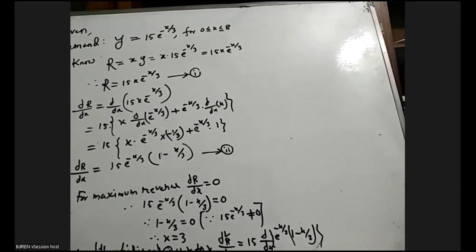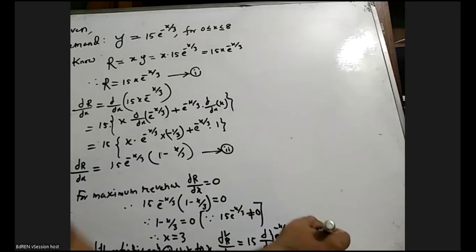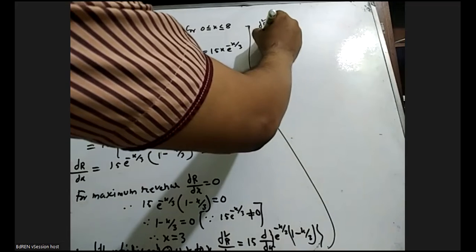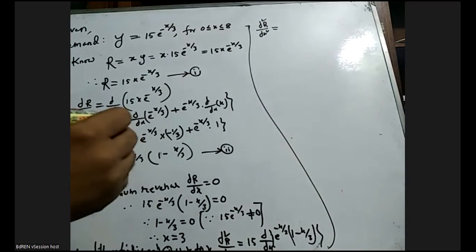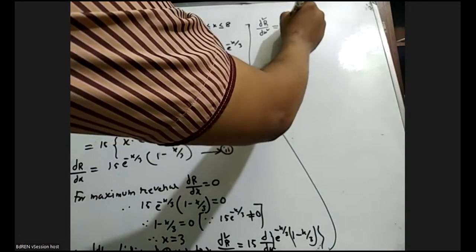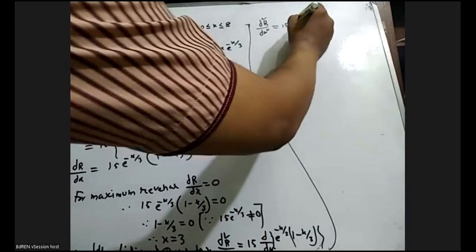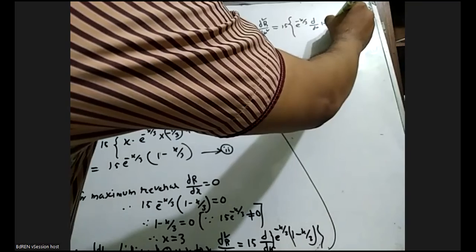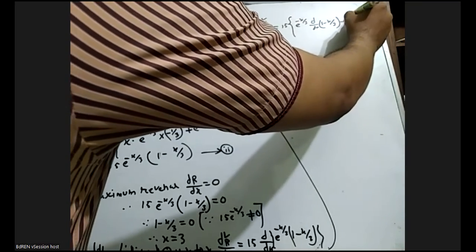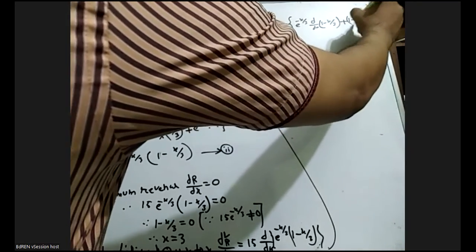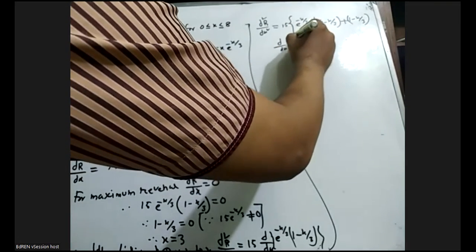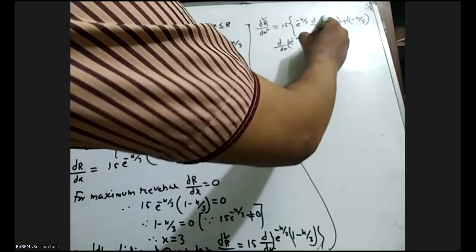Now after this line, d square R by dx square, double differentiation, will be 15. So again the UV process: u into d/dx of 1 minus x by 3, plus 1 minus x by 3 into d/dx of e to the power minus x by 3.